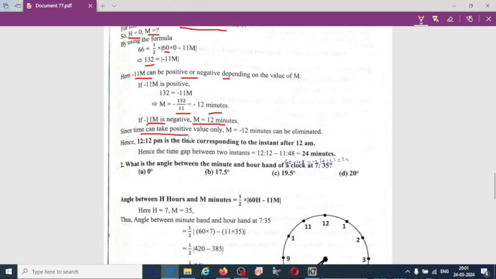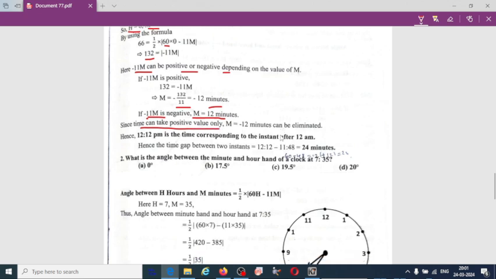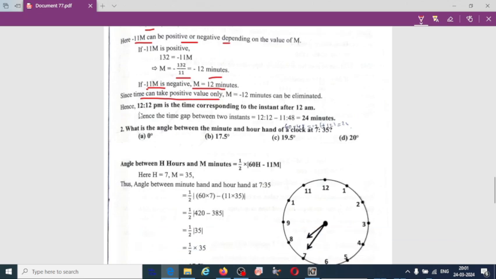Since time can take positive value only, that's why the negative value is eliminated. Then after 12, the time is going to be 12:12 p.m. So that is the time corresponding to the instant after 12 noon.